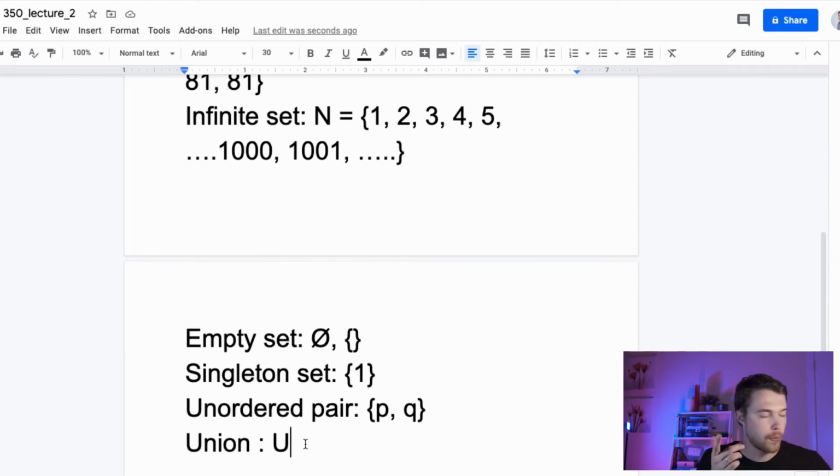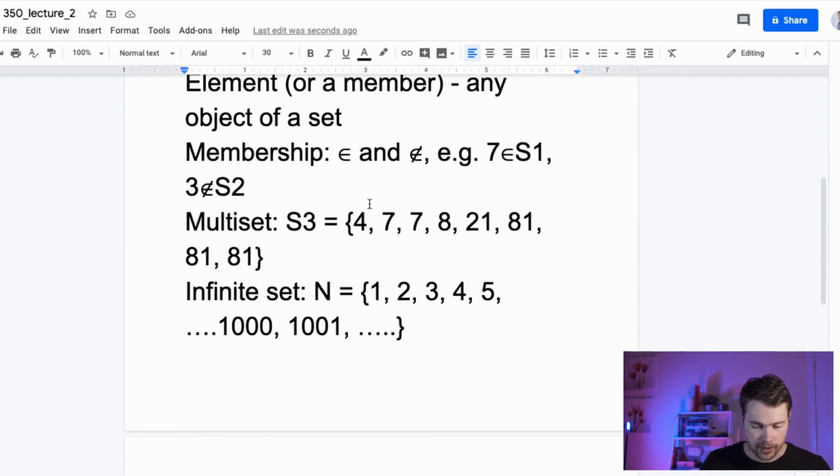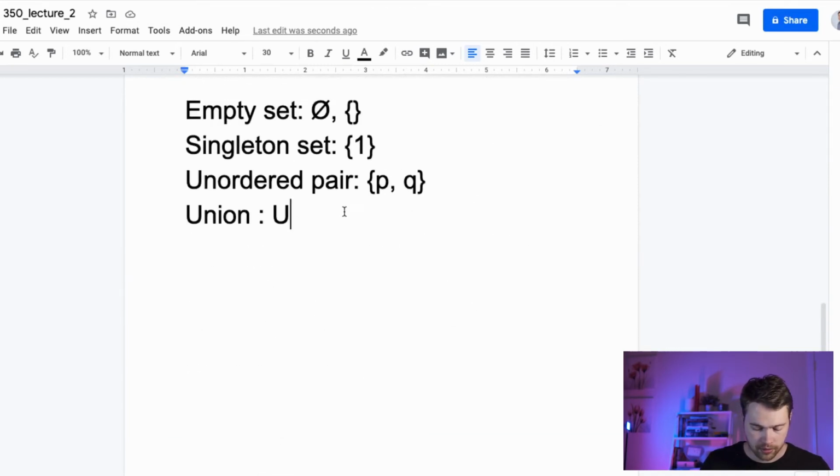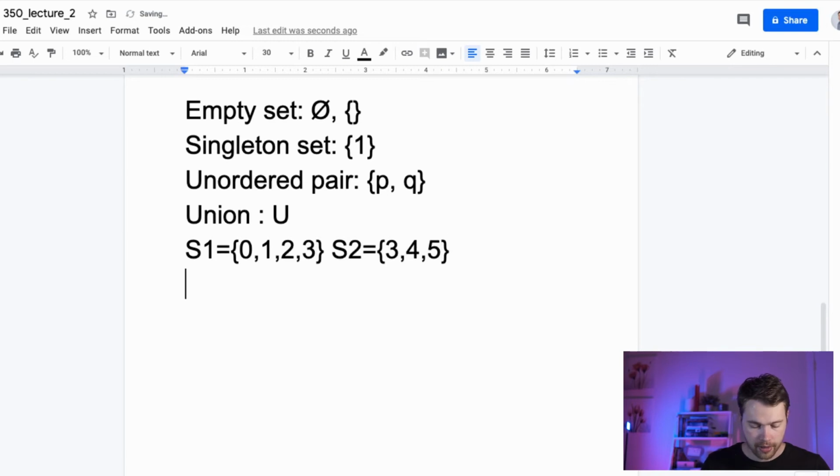Anyway, so that would be union, right? Basically, let's say I have 2 sets. Let's say I have S1, which is 0, 1, 2, 3, and S2, which is, let's say, 3, 4, 5, okay? Now the question would be, what is S3, which would be S1 union S2?